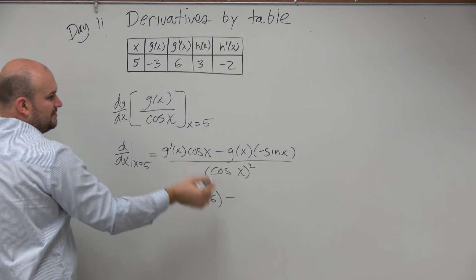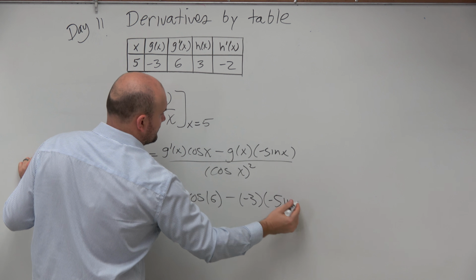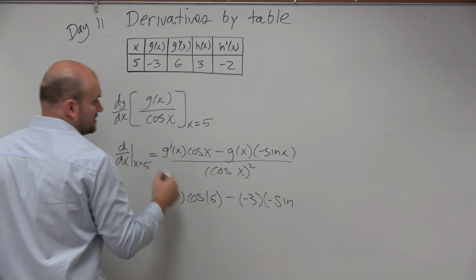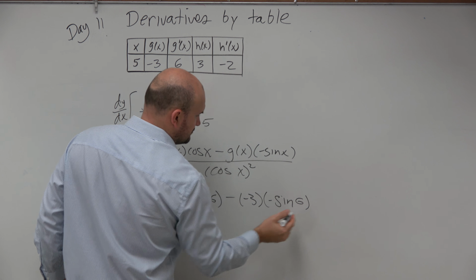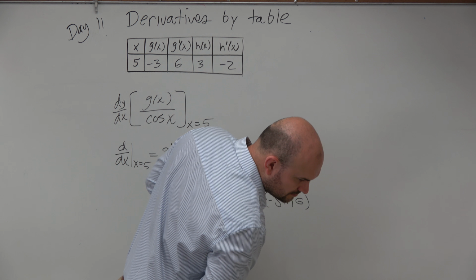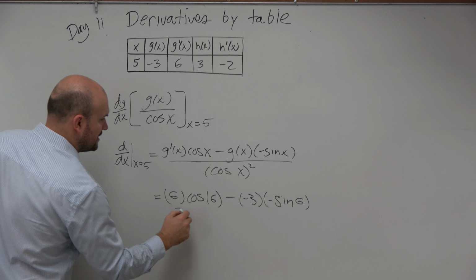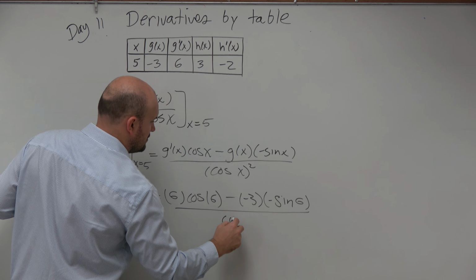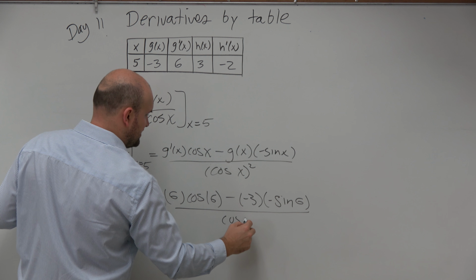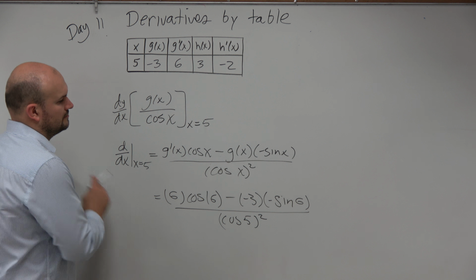But then we have the sine of 6, and then that's all over cosine of 5 squared.